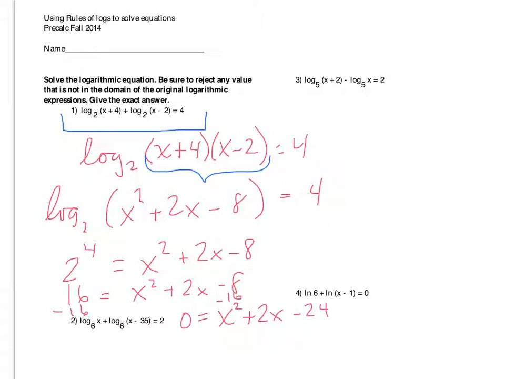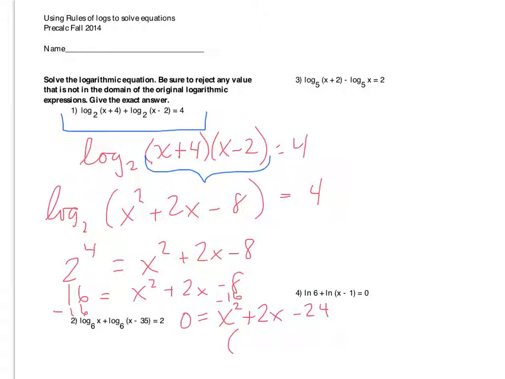That factors nice and pretty. When you're solving quadratics, you need a 0 on one side. That's why we moved that 16 over. We have a quadratic. So we're going to factor it and solve. 2 numbers you multiply to give you 24, but when you subtract them, you get 2: 6 and 4.